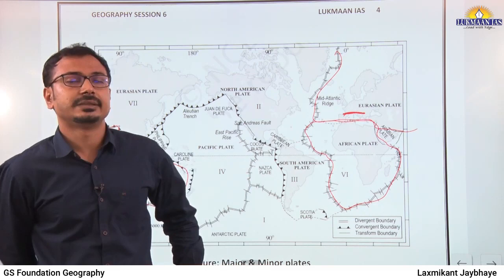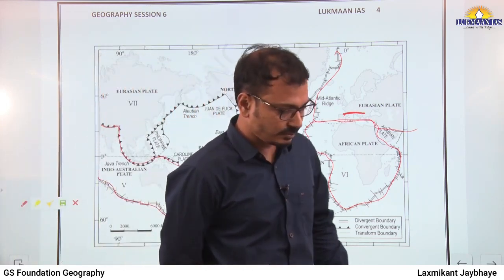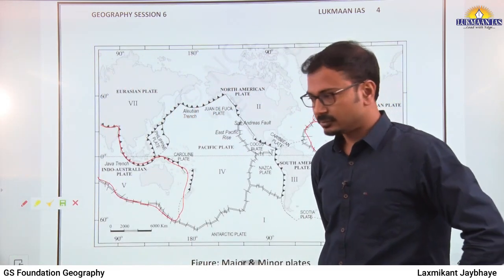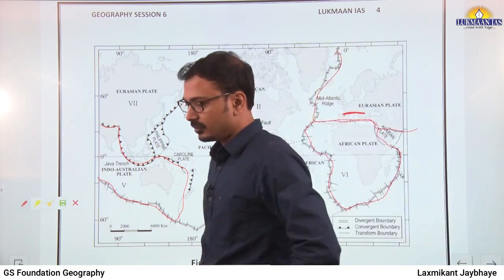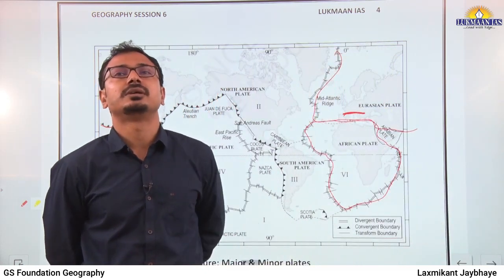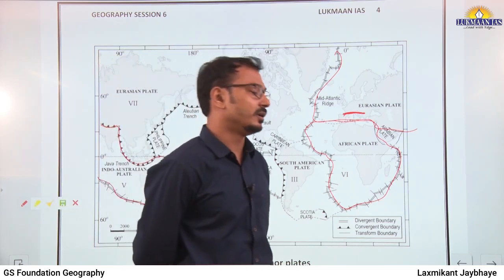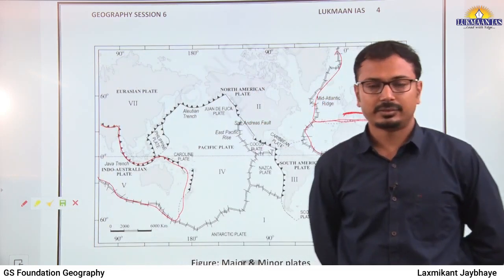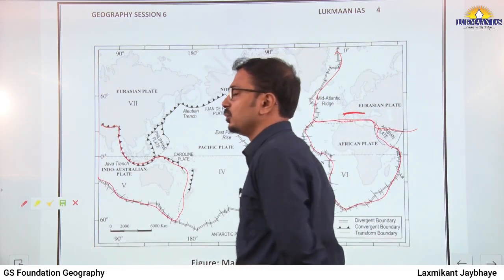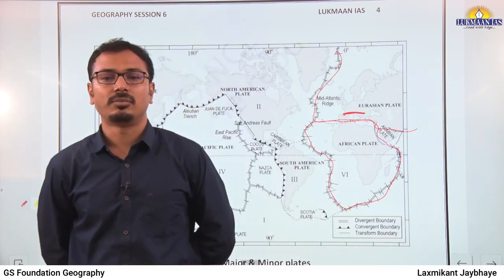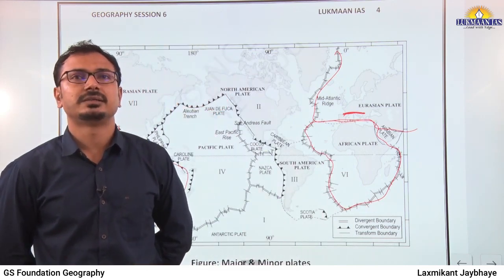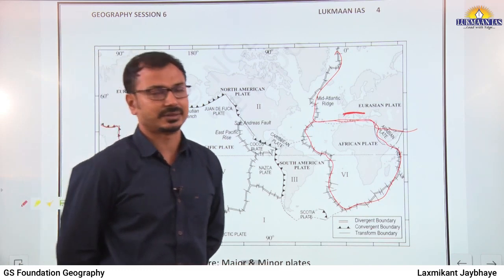So the Ural mountains in Russia separate Russia from Europe. Ural mountains are not a result of movement of plates. They are block mountains, or we can say residual mountains.